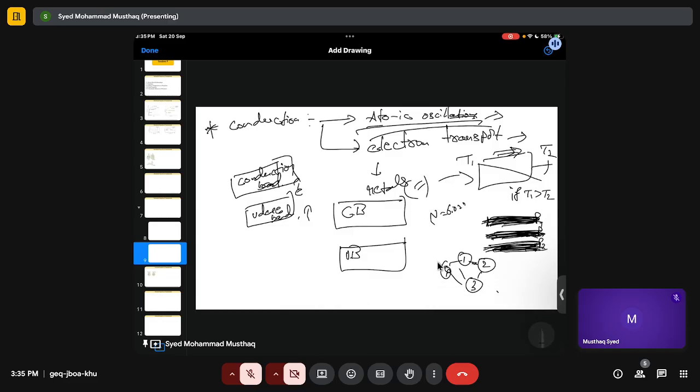6.023 times 10 to the power 23 atoms come close together, or they form atomic bonds, then these orbitals will overlap so much that it will look like a continuous band, right? It will not be just a straight line or a single energy level.